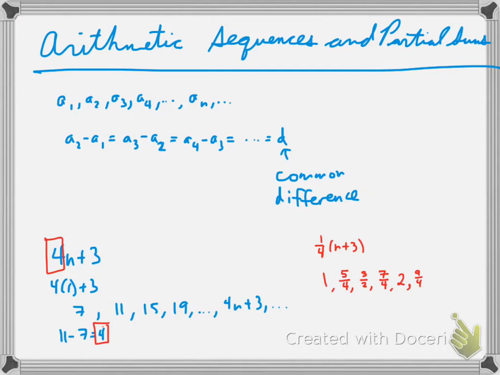Really, it's increasing by 1/4 every time. My common difference is 1/4, because I have 4/4, then 5/4, then 6/4, then 7/4, 8/4, 9/4, and so on. And again, that 1/4 that I multiply by is the common difference.